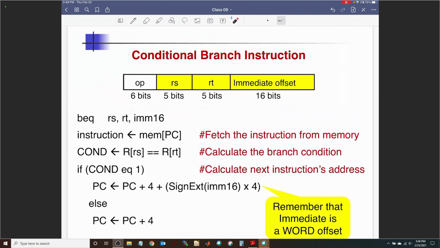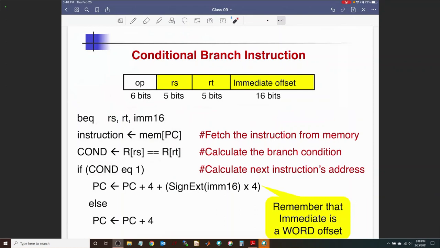So you fetch the instruction, right? Whatever is in the PC, that's your address. Whatever you have at that address, that's your instruction. Then you check for the condition whether those two registers are equal or not. If it is equal, then you branch.